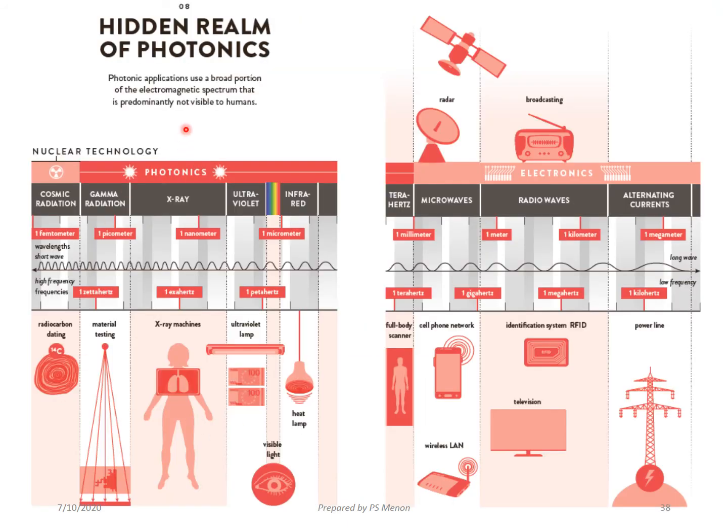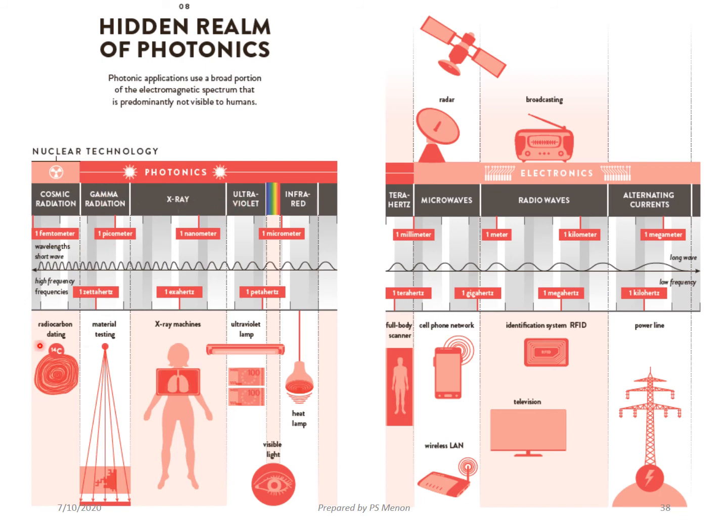So, the hidden realm of photonics. Photonics applications use a broad portion of the electromagnetic spectrum that is predominantly not visible to humans. So you can see here in nuclear technology, cosmic radiation, and moving on to gamma radiation, X-ray, ultraviolet, and also infrared.